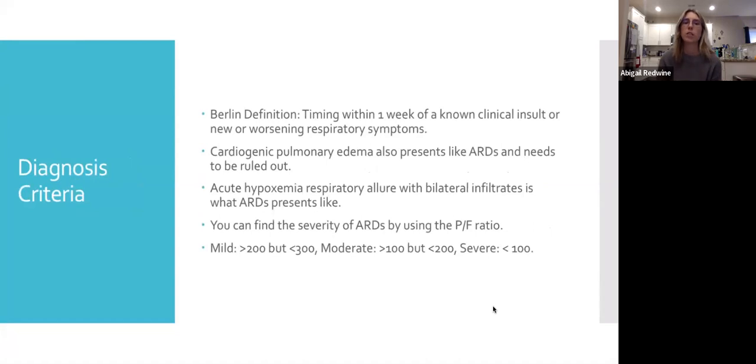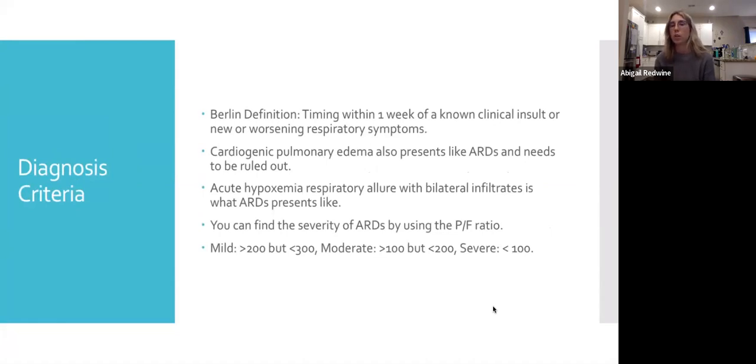So some diagnosis criteria is going to be the Berlin definition, which is timing within 1 week of a known clinical insult or new or worsening respiratory symptoms. Cardiogenic pulmonary edema also presents like ARDS, and that needs to be ruled out.